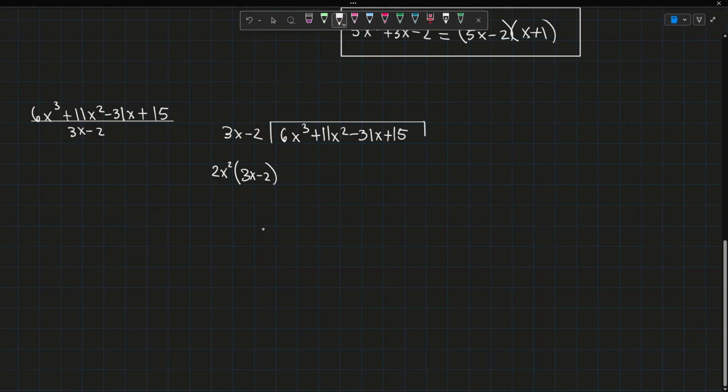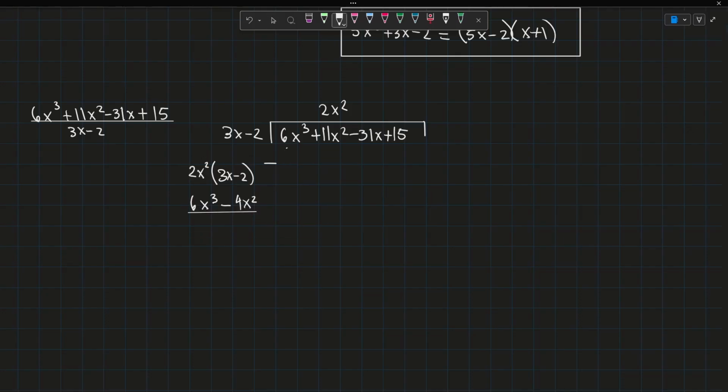So let's see. If I do this, this becomes 6x³, which is good, and this becomes −4x. So we're going to put 2x here, the 2x². Great. Let me move this a little bit more to the left, actually, so we have room.